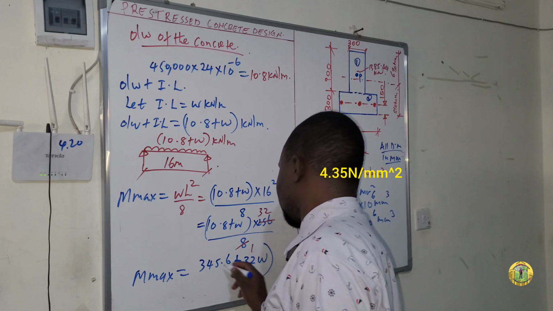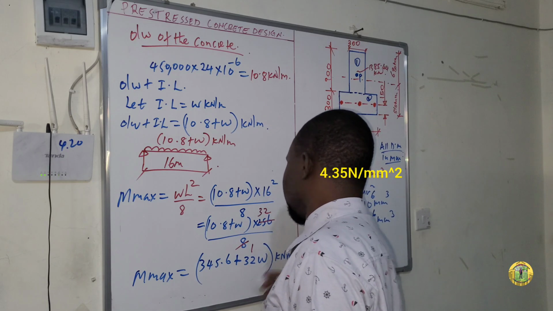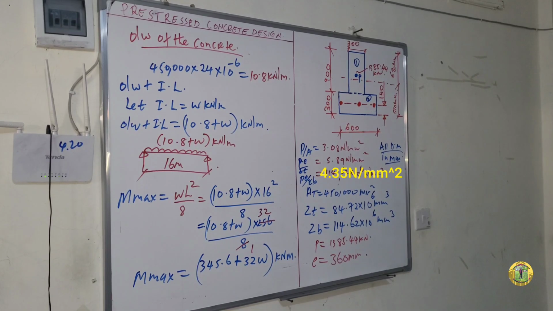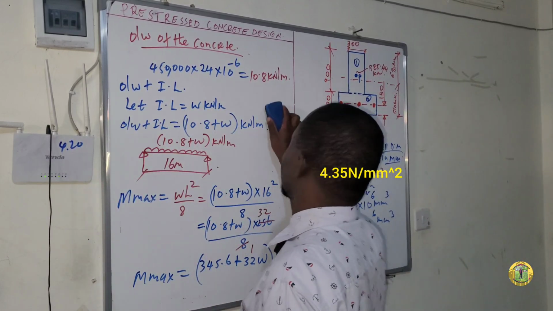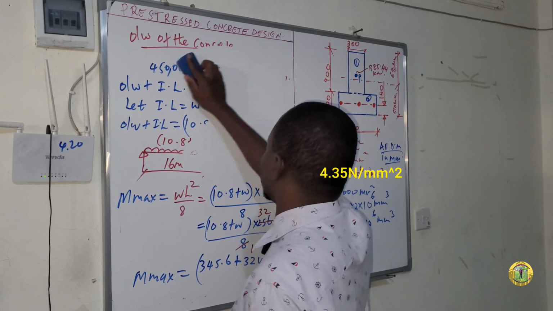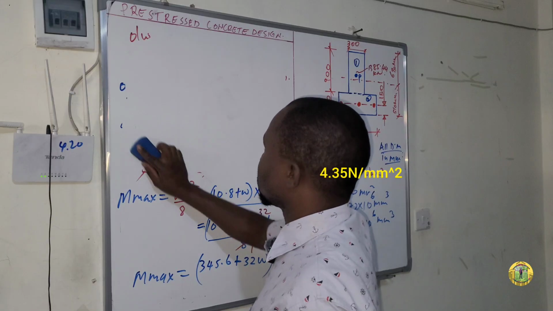And remember the SI unit is kilonewton meter. Now we can determine M over Z top and M over Z bottom from the maximum moment.